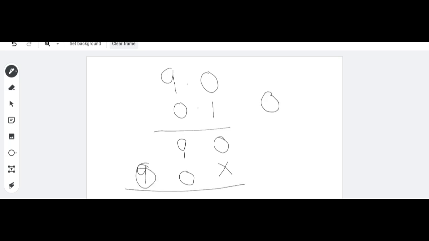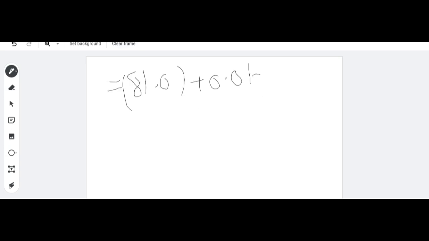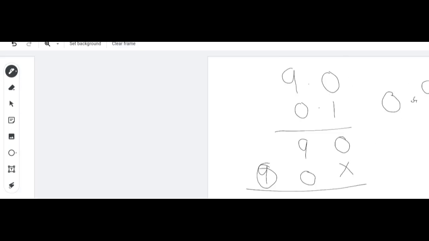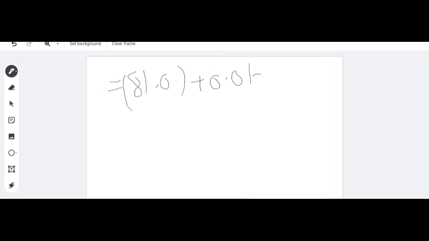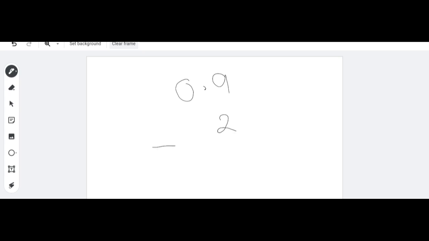It will give me 0.9. Simple. Got it? 0.9. Yes, so I can write it here. Into 2, 0.9 into 2 now, right? 2 9s are 18. 8 here, 1 will go upside.